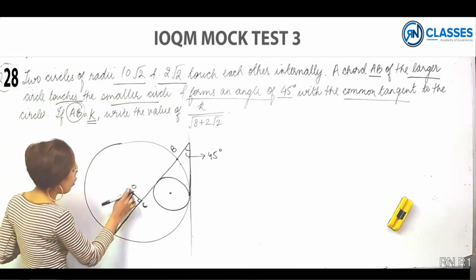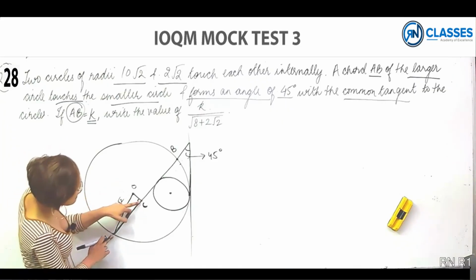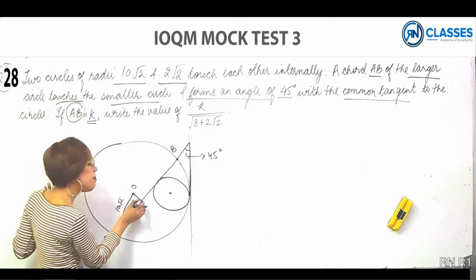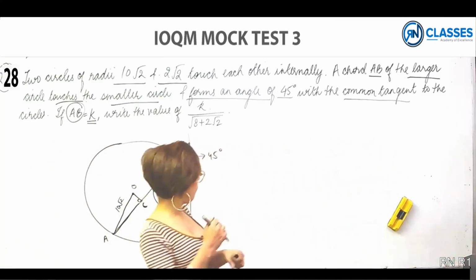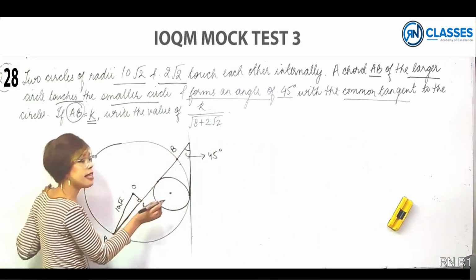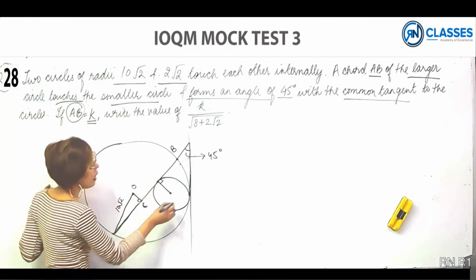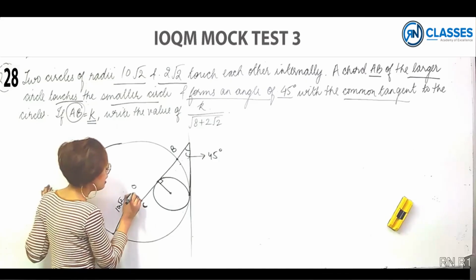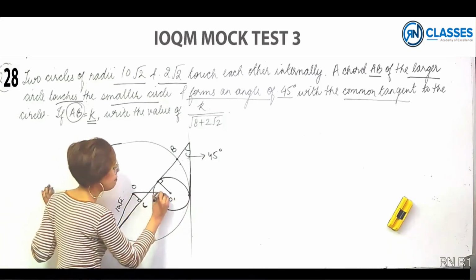Now in the triangle OCA, I already know that this is 90, this is 10 root 2. If I want to find AC, I need to find OC. Right? If I need to find OC, what can I do? Now let's see. Obviously here it is a tangent, that means I can have 90 degree over here. Also I know common tangent point is there, that means this center and this point of contact, they will be collinear. Right?